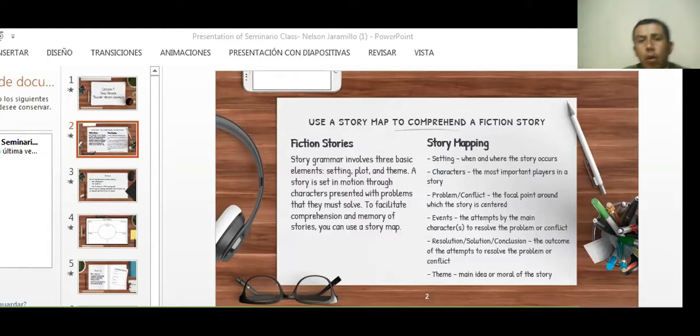I need all of you to quickly read the beginning of the Perseus and Medusa story in order to grasp the gist of it. Okay, let me open the digital table and now you are going to read.